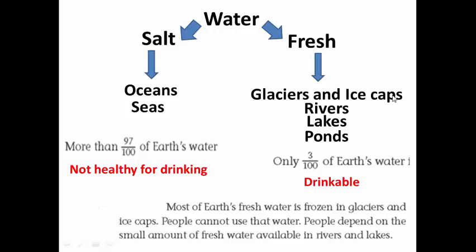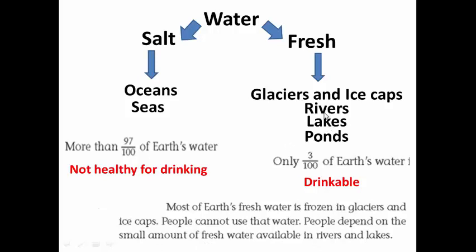So which water do we depend on to drink? We depend on rivers, lakes, and ponds, and another type, which is groundwater. We depend on the groundwater for drinking. So people depend on the small amount of fresh water available in rivers and lakes.